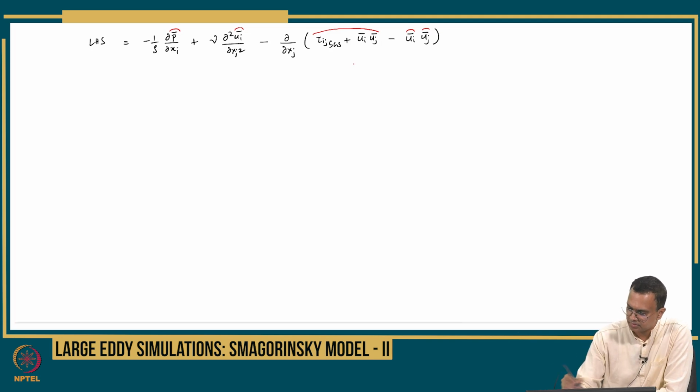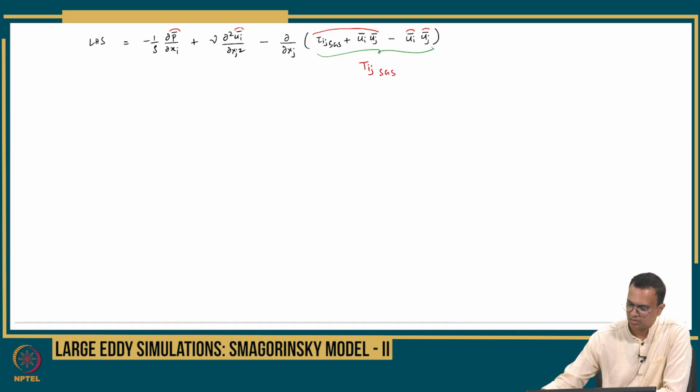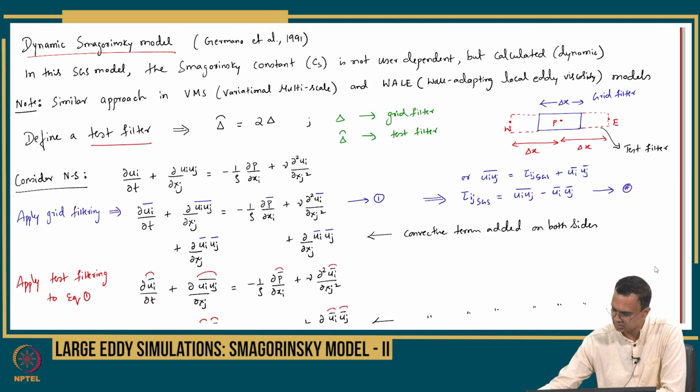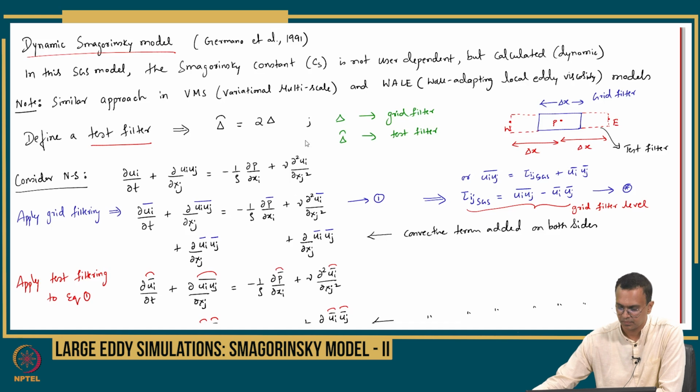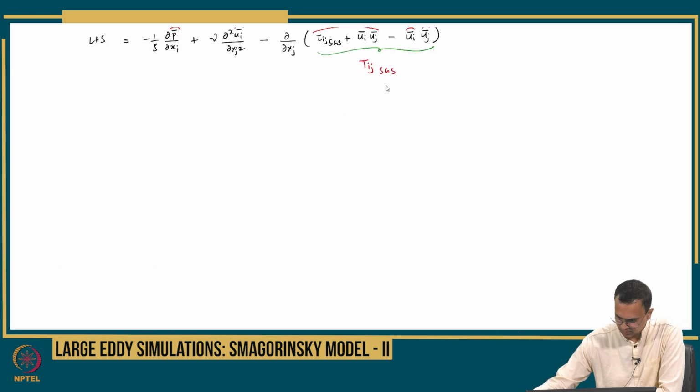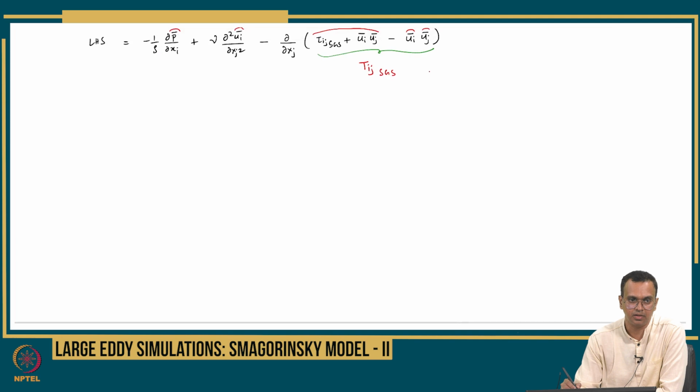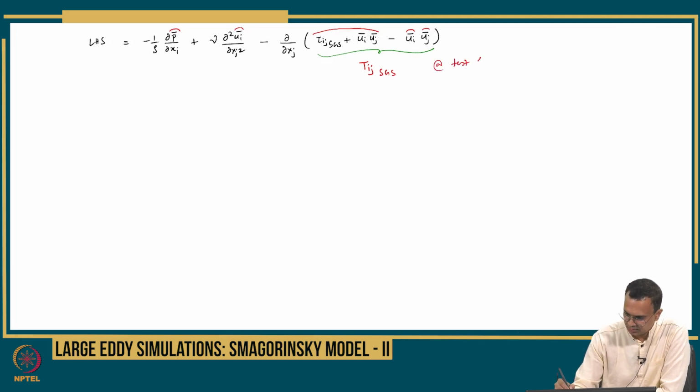So this is your entire Tij SGS, this whole thing. If I go back to the previous slide, this tau ij SGS, what I have written here, is applicable at the grid level, right? Tau ij SGS is at the grid filter level. So now what do I have here? This is applicable at the test filter level, Tij SGS, at test filter level.